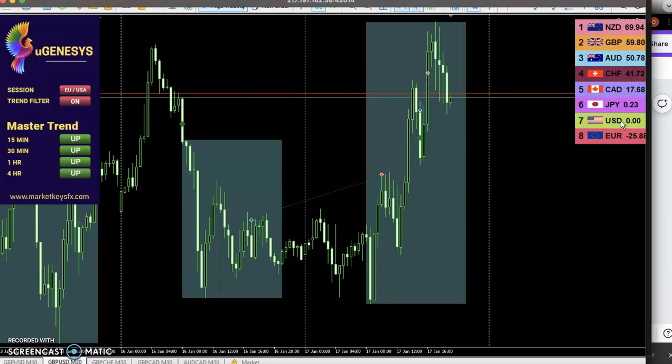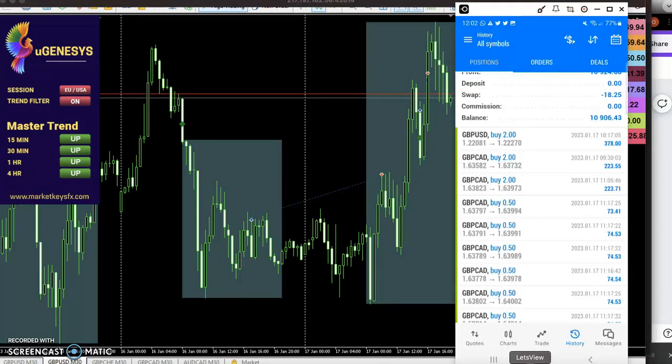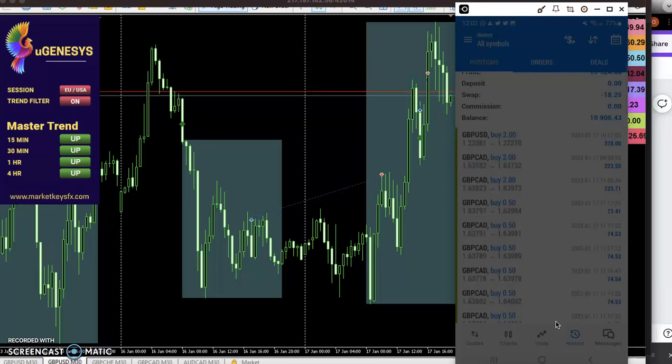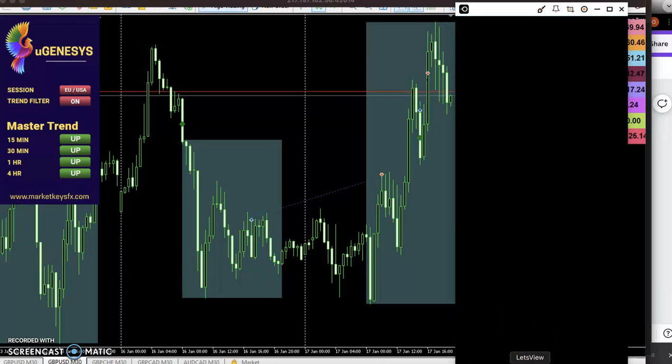All right, so guys, let me also show you our MT5 terminal. Hold on. Yeah, this is our MT5 terminal. I'm trying to show this from my phone, but it's not working. I'm not sure why.